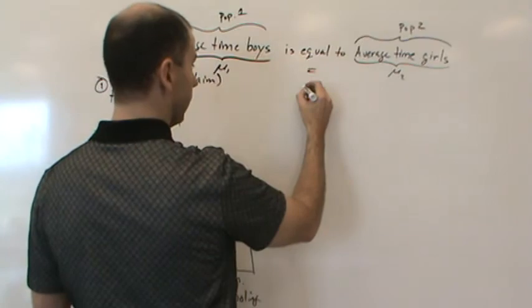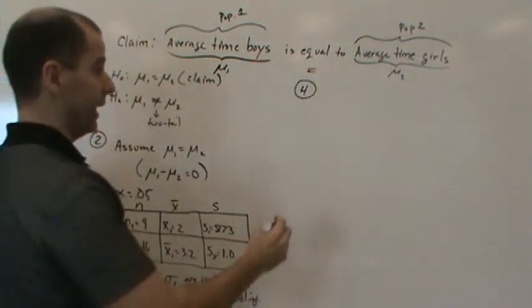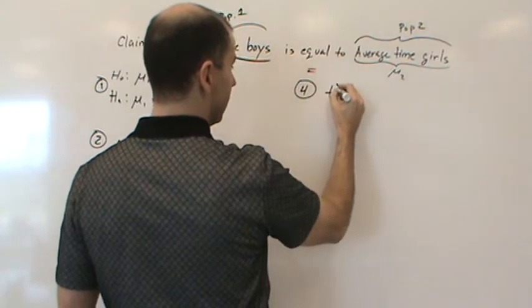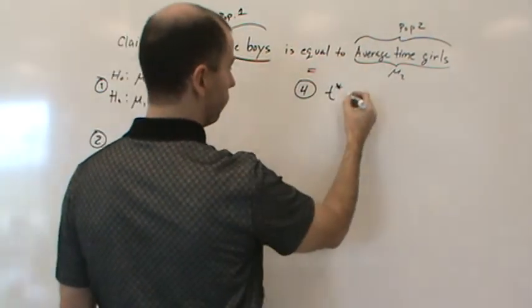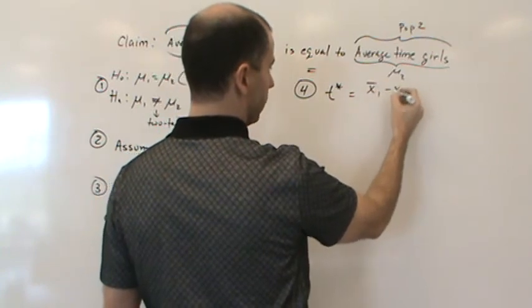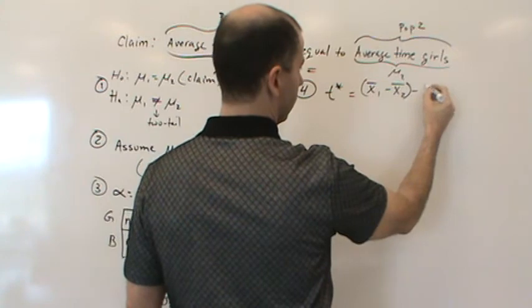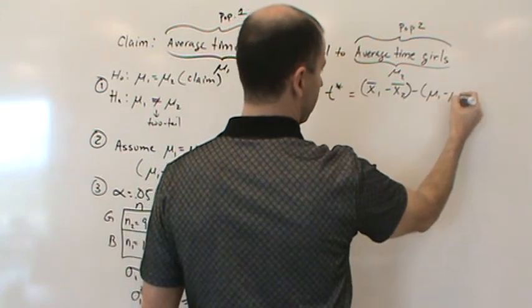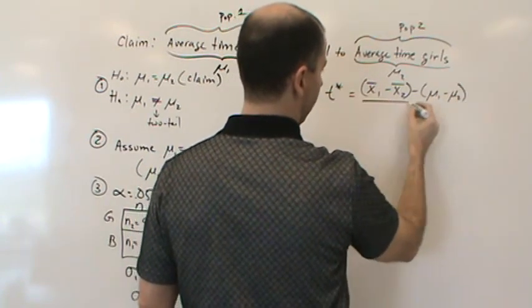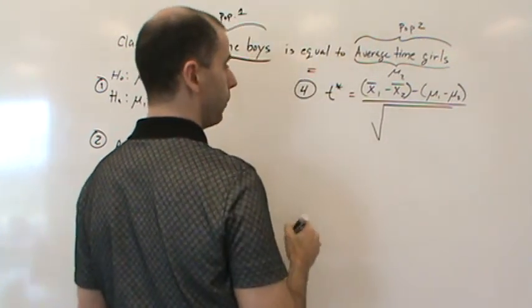So now, step 4, we can calculate our t statistic by using our formula, which is x bar 1 minus x bar 2 minus mu 1 minus mu 2, over the standard error for both populations.